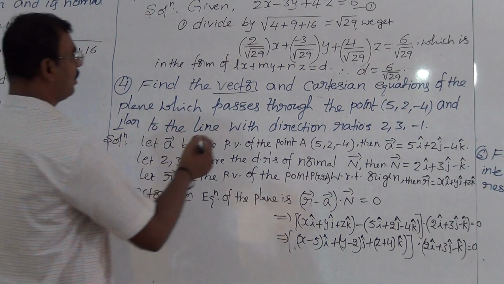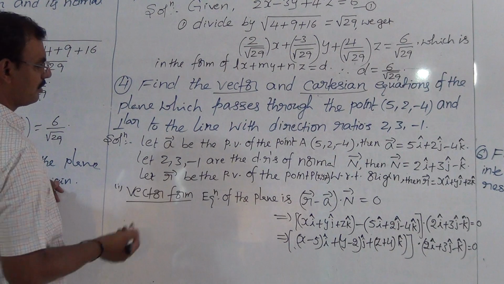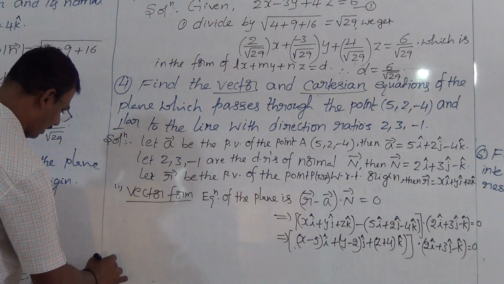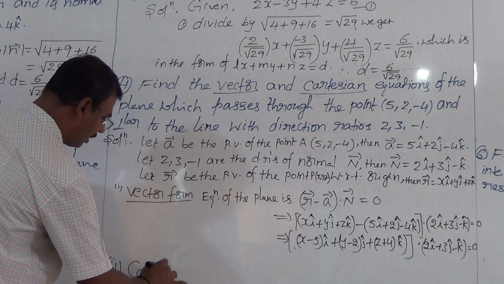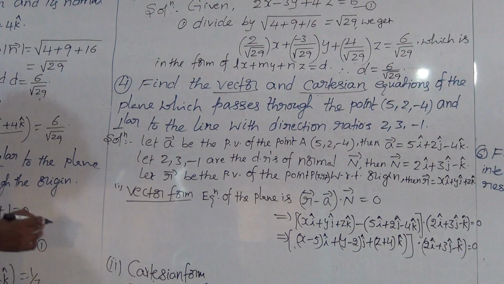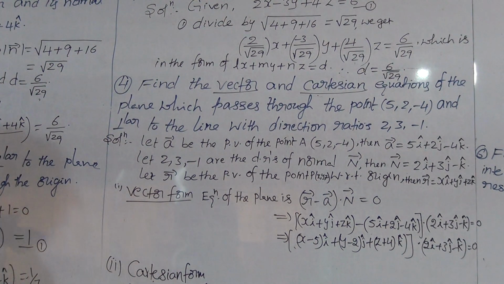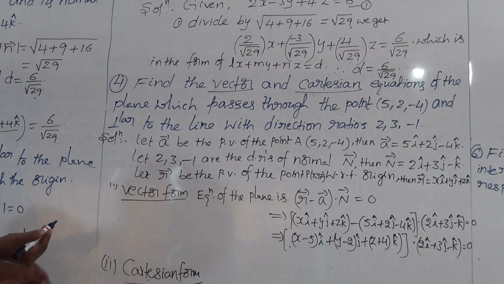Also asking which one? Cartesian form. So the Cartesian form, from this also we can find out, or else directly we write the formula, we know that. So what is the Cartesian form? a(x minus x1) plus b(y minus y1) plus c(z minus z1) equal to 0.